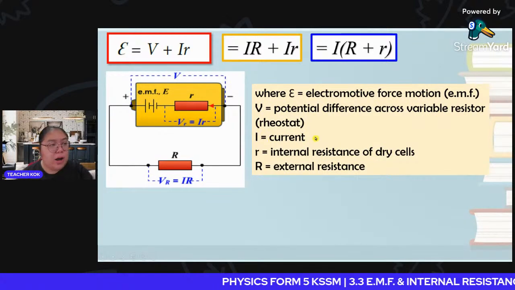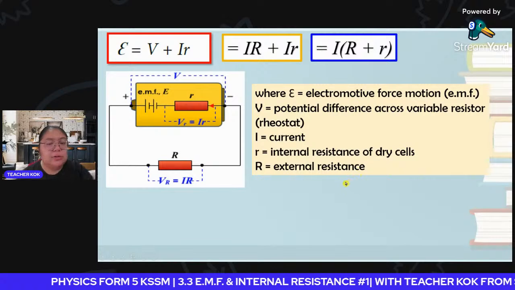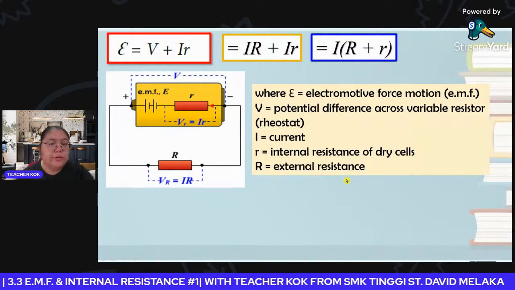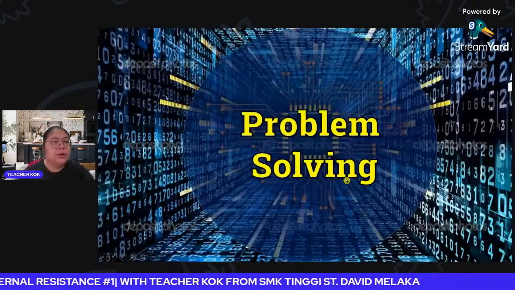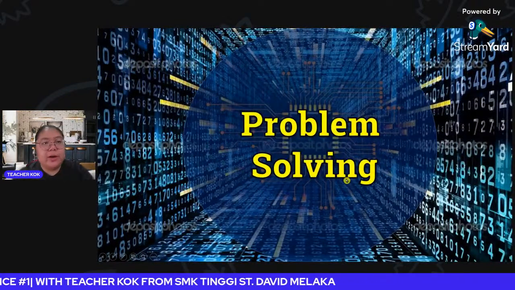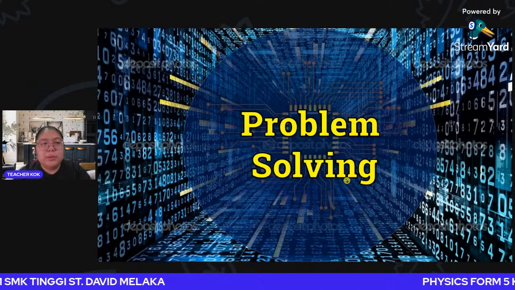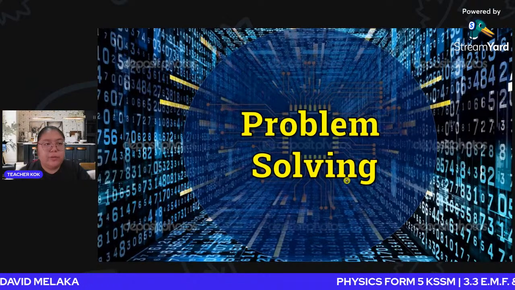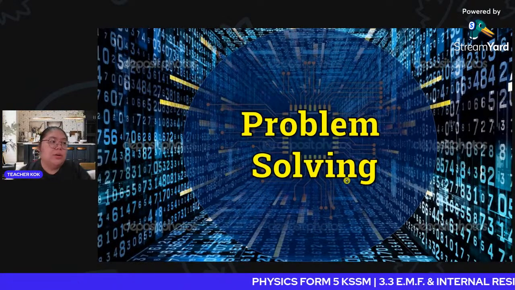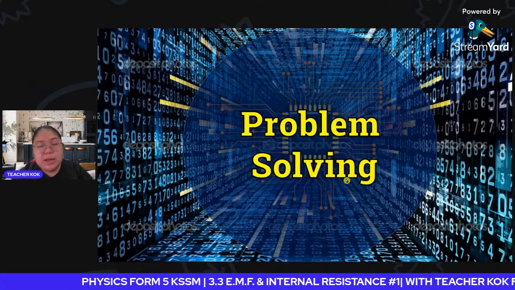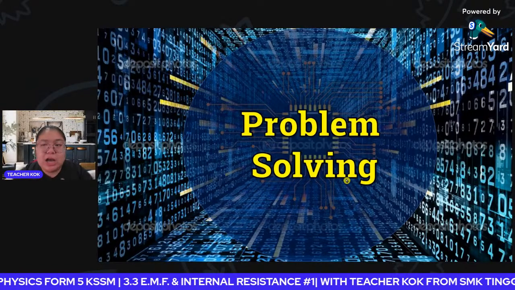Then we have current, the internal resistance of the dry cell, and the external resistance. Understand? So from here, students, if you don't have any problem, we need to start problem solving. Problem solving means you are ready with a calculator. Prepare your calculator. After that, I will ask the question, then you just type in the chat room.